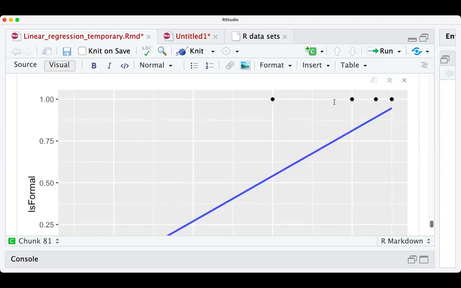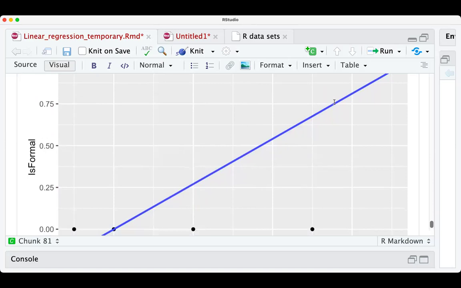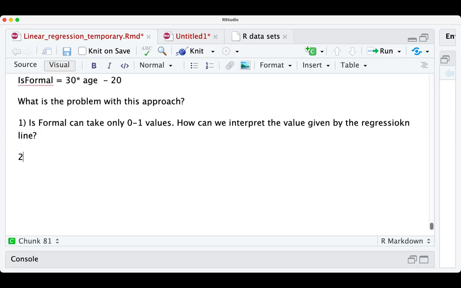And yes, exactly, likeliness or probability. We can interpret it as a probability of being formal or dialectical.